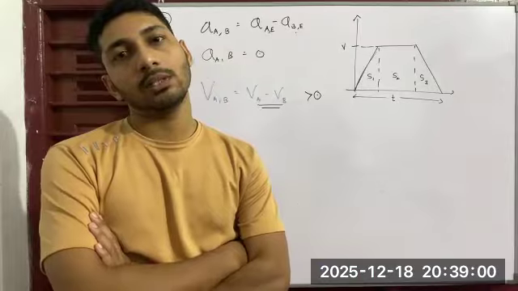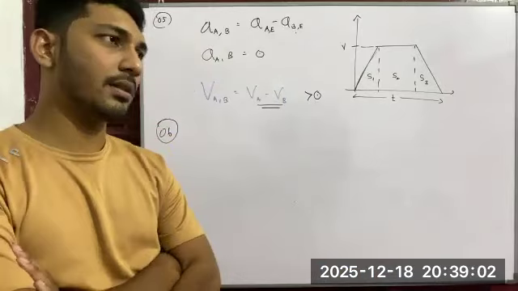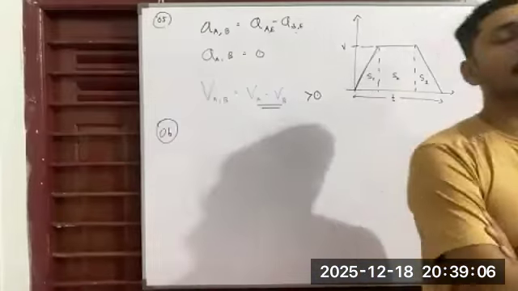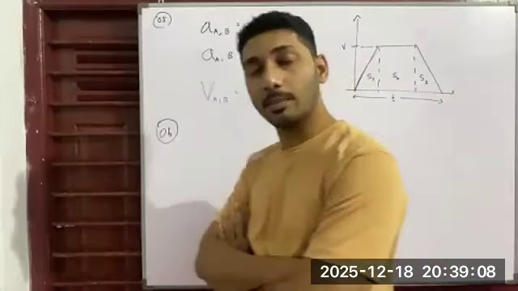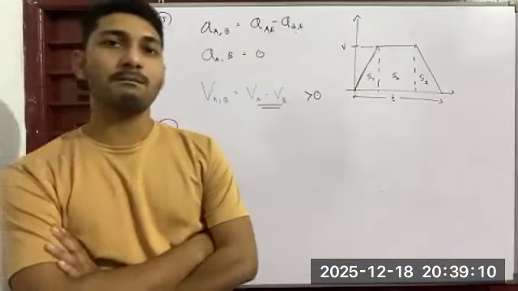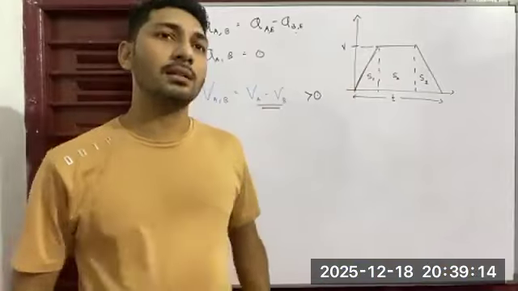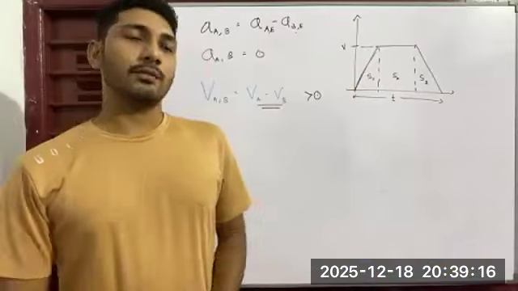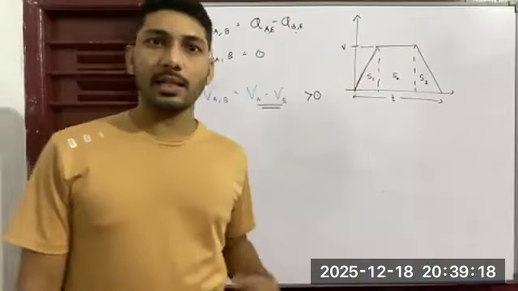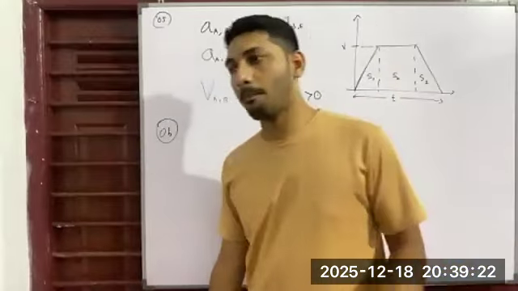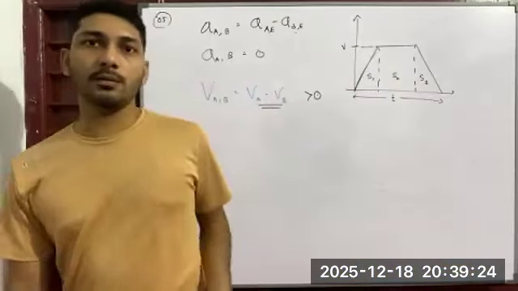Work is a scalar quantity. It's not a vector quantity. But does work have signs, plus and minus? Yes, it has signs. When the displacement happens in the direction of the force, the work done by the force will be positive.